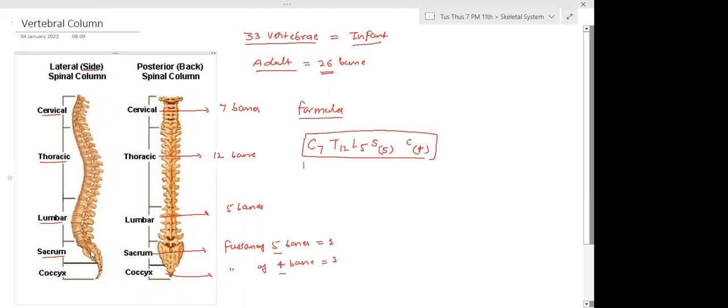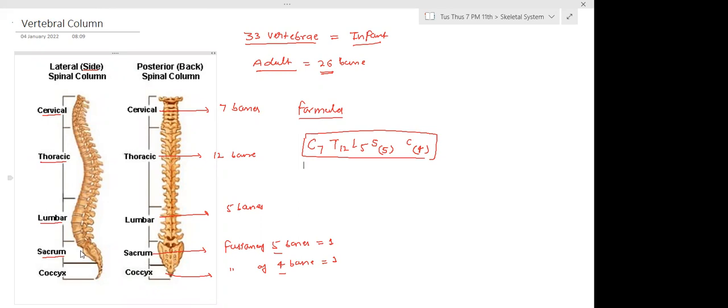These 9 bones fuse and become 2 bones. That's the fusion that takes place when we grow up. So generally, we divide the backbone in these 5 parts: cervical, thoracic, lumbar, sacrum, and coccygeal. Coccygeal is basically called the tail part, right?